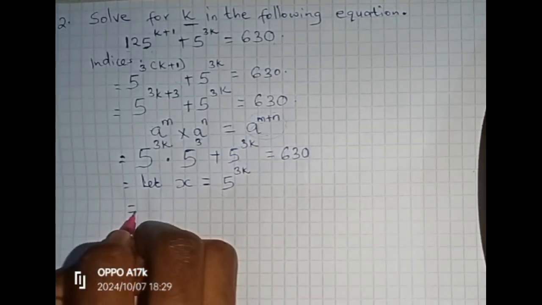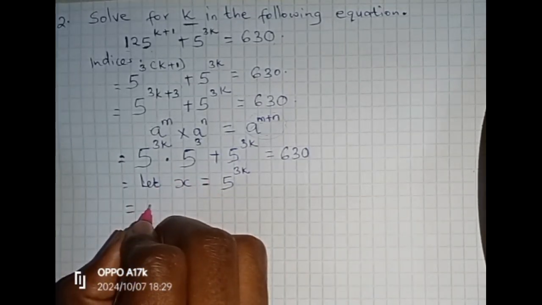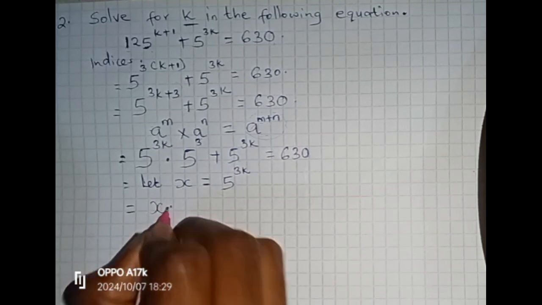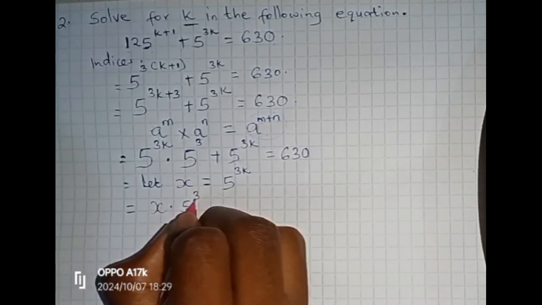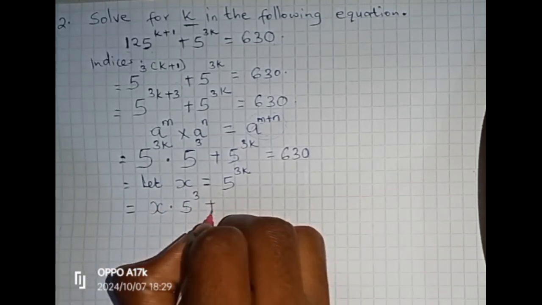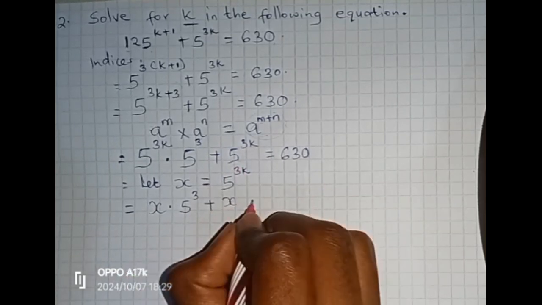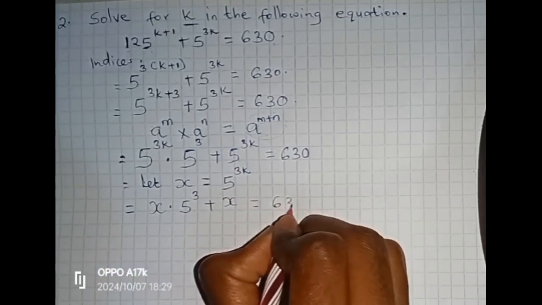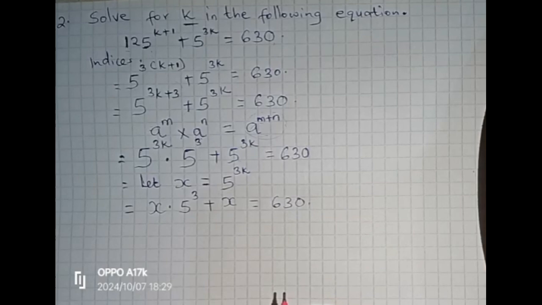Now our equation becomes x multiplied by 5 to the power of 3, plus x will be equal to 630.